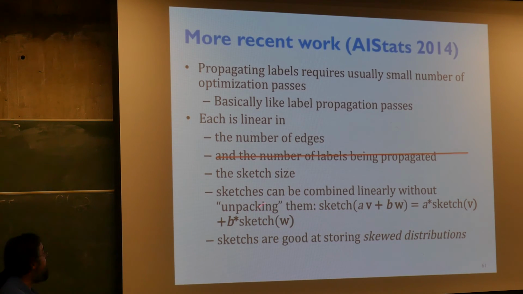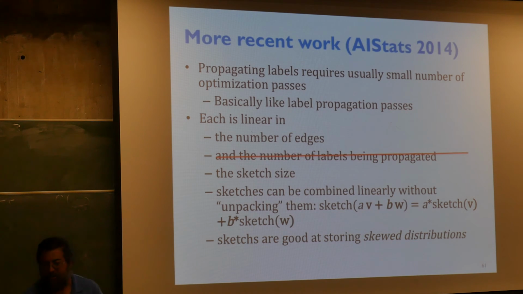You can do this because you can take a vector v and a vector w, do a weighted sum of those and get the sketch for that. You don't need these vectors. You can just take the sketch for v and the sketch for w and compute the weighted sum of those.